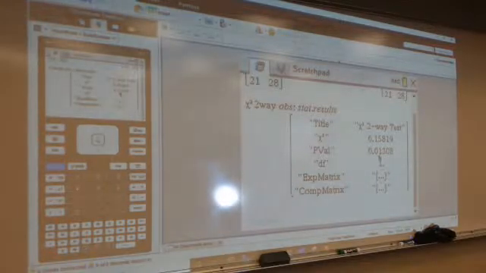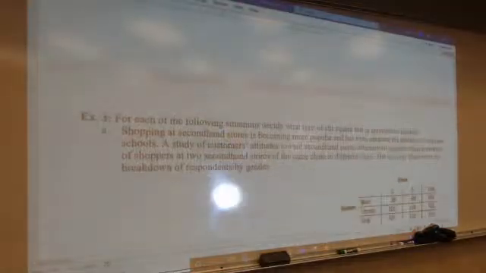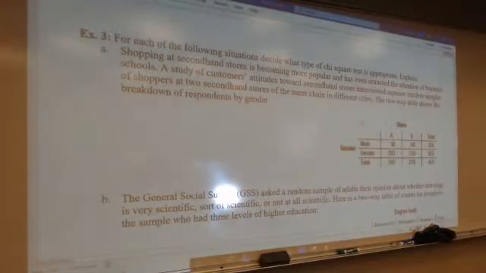Same idea. All right, last page. That is how you do it in your calculator. Now I'd like you to take a minute. You can pair up, I don't care.